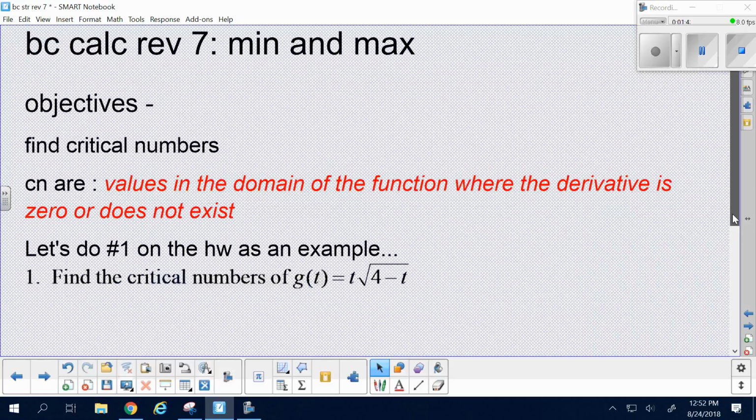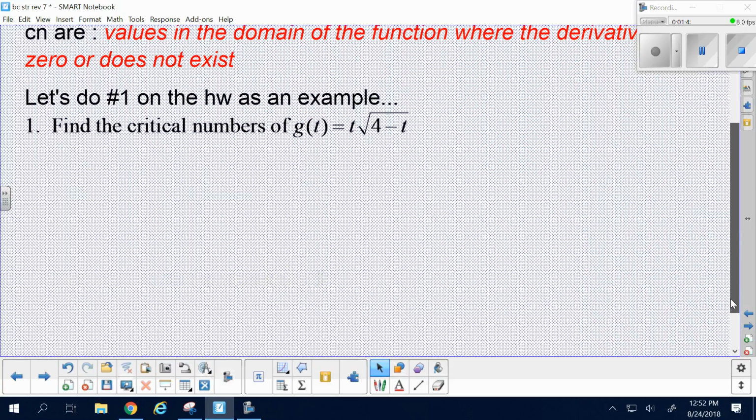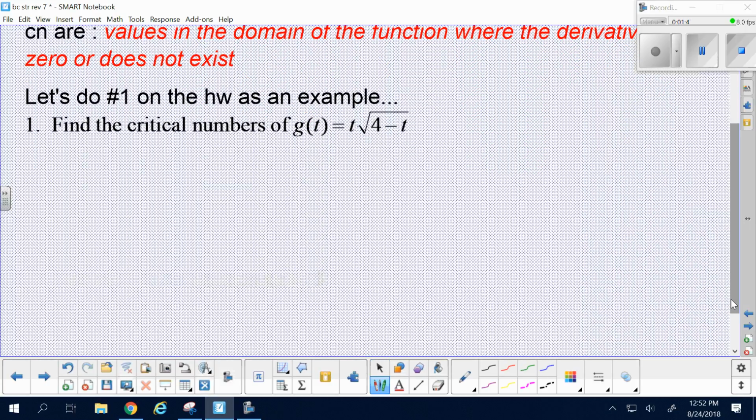Box 1. The question says, find the critical numbers of g of t. Let's start with the domain so we don't give an answer that's dumb, that's not even on the curve. What is the domain? t must be less than or equal to 4. I remind you, you can use interval notation, that's fine too.